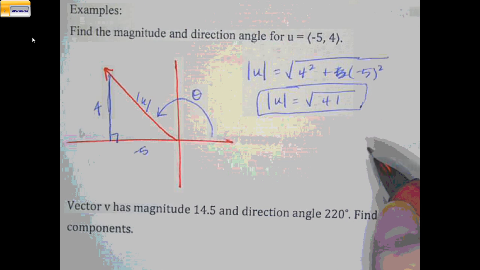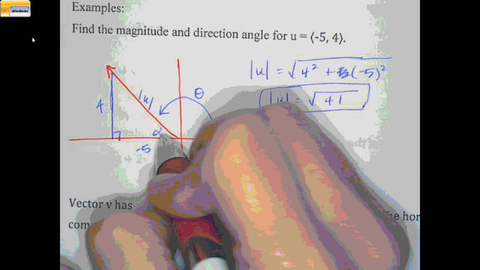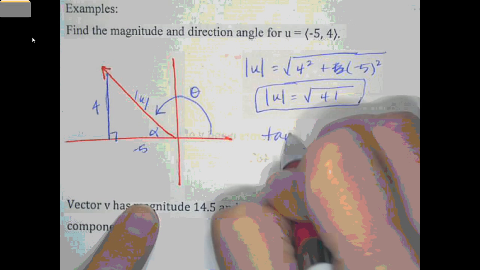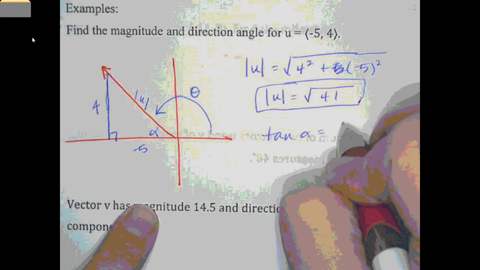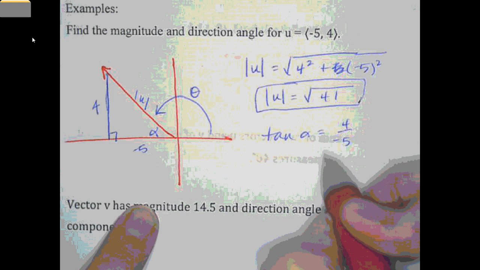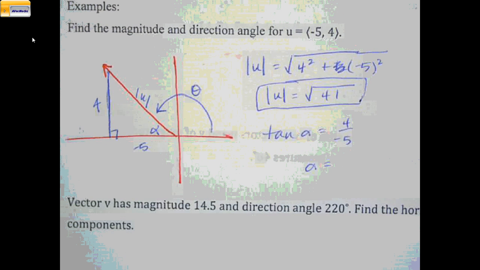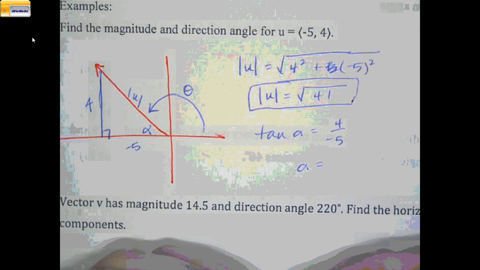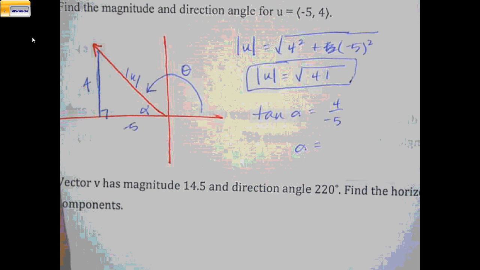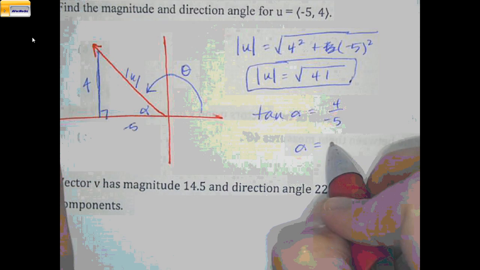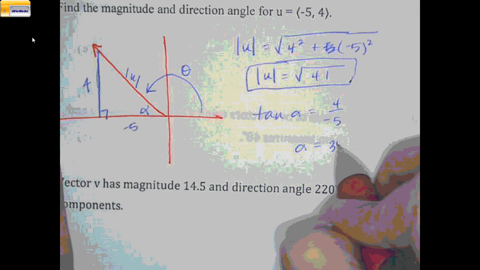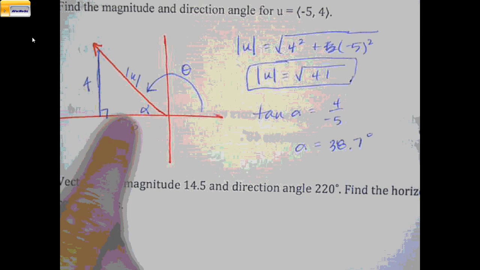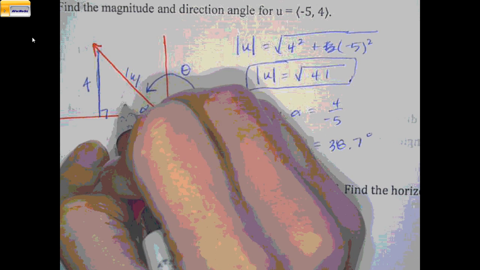Direction angle. Okay. I probably am going to have to find this reference angle first. Tangent of alpha is opposite over adjacent. You have a calculator. Somebody type in arctan of -4/5. What is it? -38.7-ish? Yeah. Which basically means that the reference angle itself is 38.7, right?